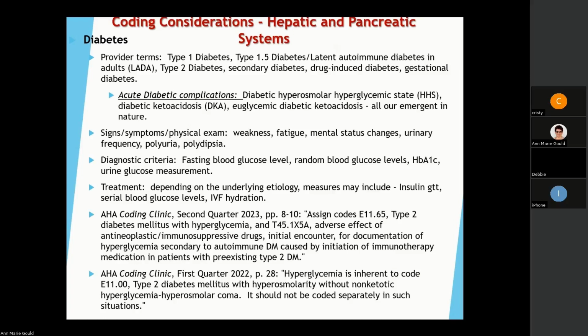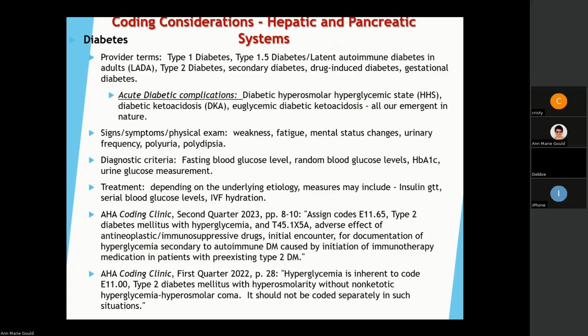So, Coding Clinic, second quarter 2023, pages 8 to 10, say assign codes E11.65, type 2 diabetes with hyperglycemia, and T45.1X5A, adverse effect of antineoplastic immunosuppressive drugs, initial encounter, for documentation of hypoglycemia secondary to autoimmune diabetes mellitus caused by initiation of immunotherapy medication in patients with pre-existing type 2 diabetes.